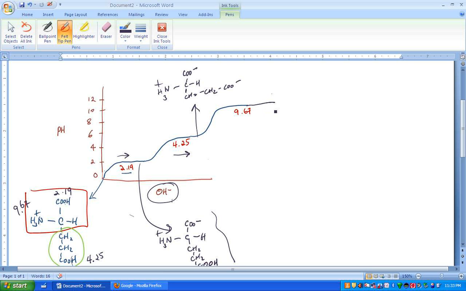So if you go past this point, you lose hydrogen from the amino group. That means this group becomes neutral. So the structure over here will be NH2, carbon, COO minus, hydrogen, CH2, the rest stays the same.